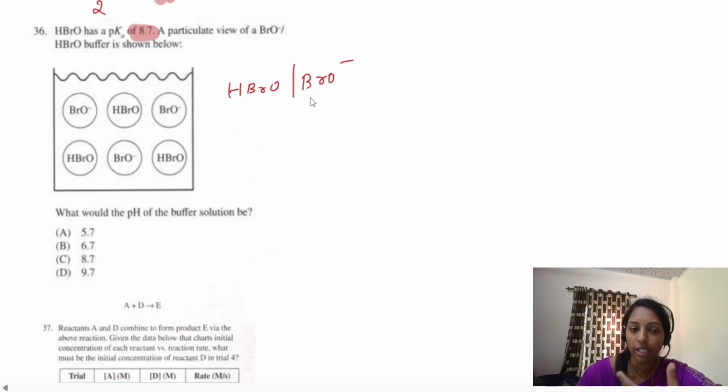Their ratio will determine the pH. So see how many HBrOs are there, because of the Henderson equation: 1, 2, 3 HBrOs are there, and BrO minus 1, 2, 3, again BrO minuses are there, which means the ratio is same. If the ratio is same, then pH is nothing but pKa.